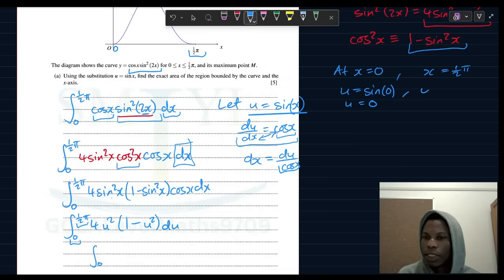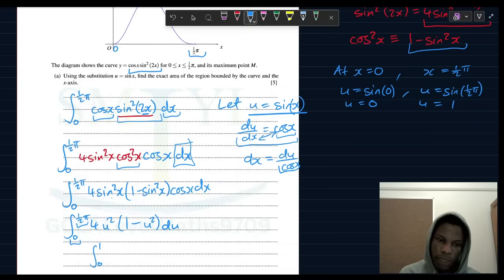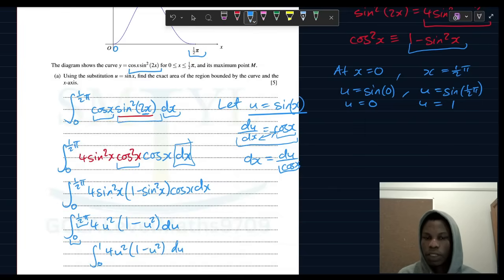And the upper limit, u is equal to sine of 1/2 pi, which is 1. So now we're integrating from 0 to 1, and we're integrating 4u squared times (1 minus u squared) with respect to u. So everything is now completely in terms of u: our limits, our integrand, and also our du.